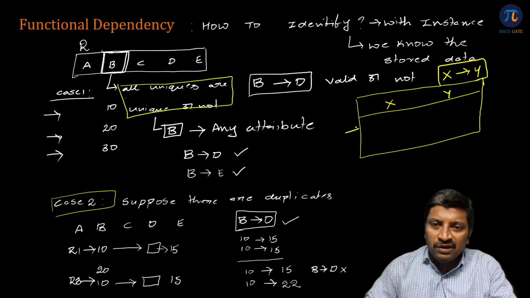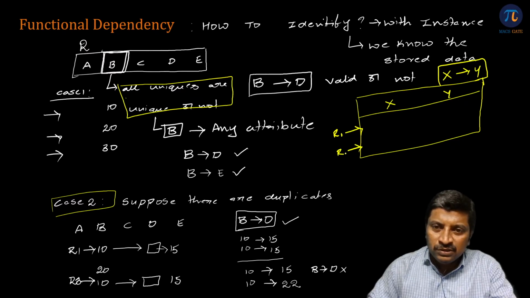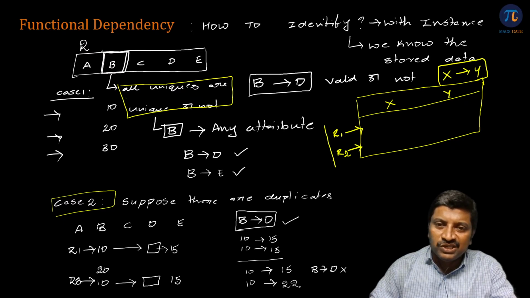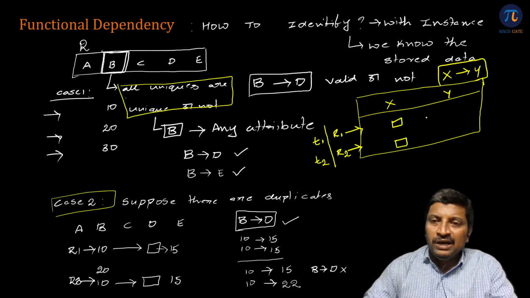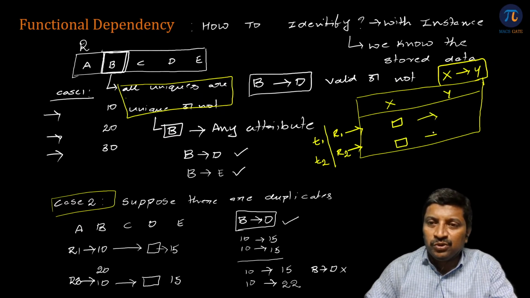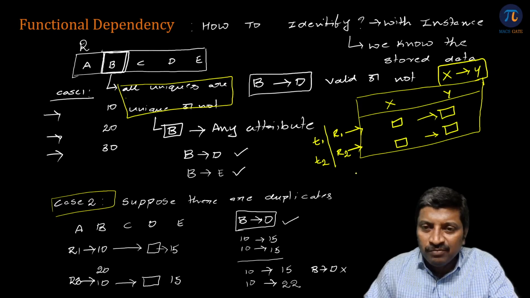If there are any 2 rows, or instead of rows you can say tuples, in which the values of X are same, then compulsorily we need to have same values in the rows of Y also. So how can we write it mathematically, sir?